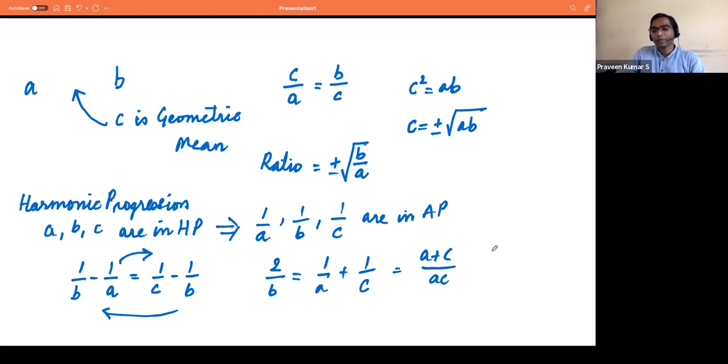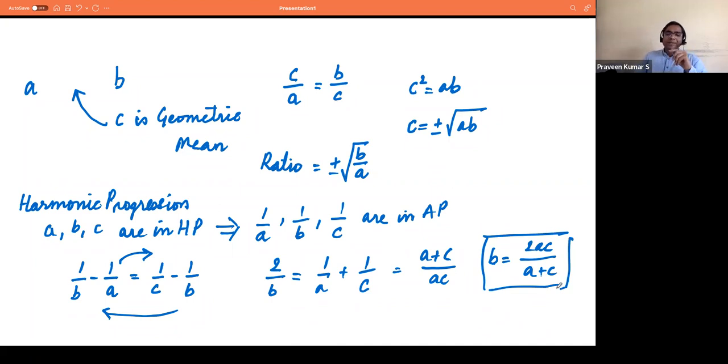Or if you just invert the entire thing, B is equal to 2AC by A plus C. So in this case, B is the harmonic mean of A and C.